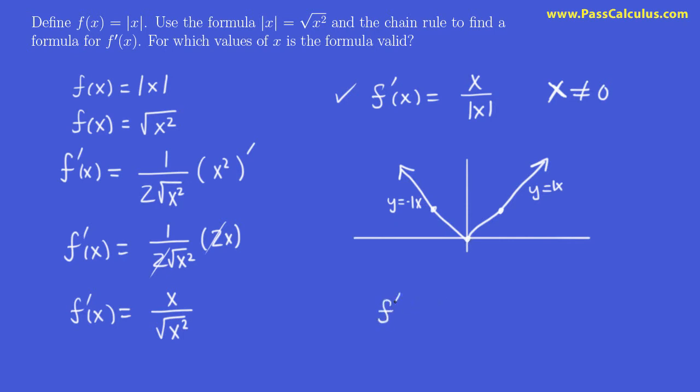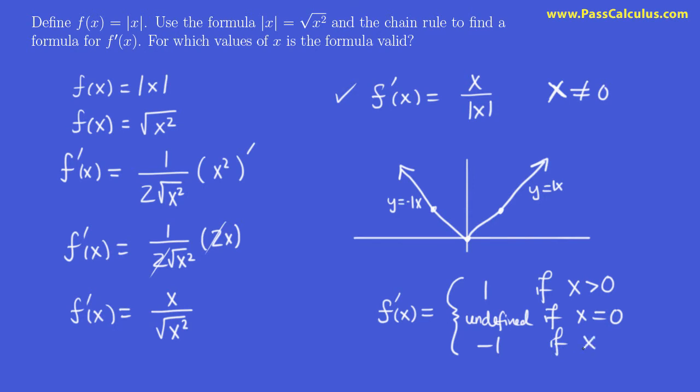So really, this formula can also be written in the following way. The derivative is 1 if x is positive. It's undefined if x is 0. And it's negative 1 if x is negative.